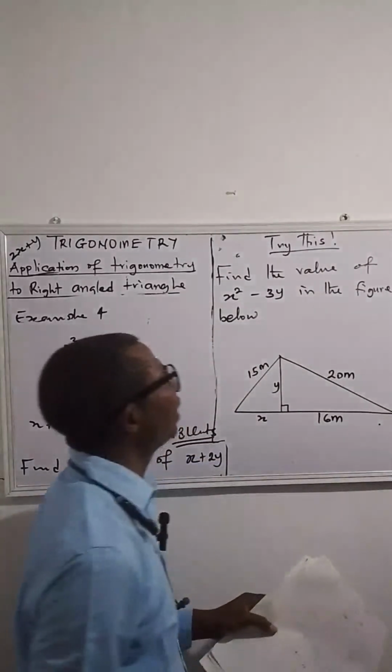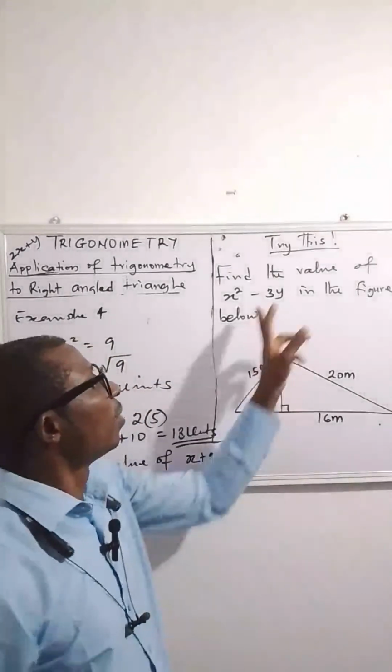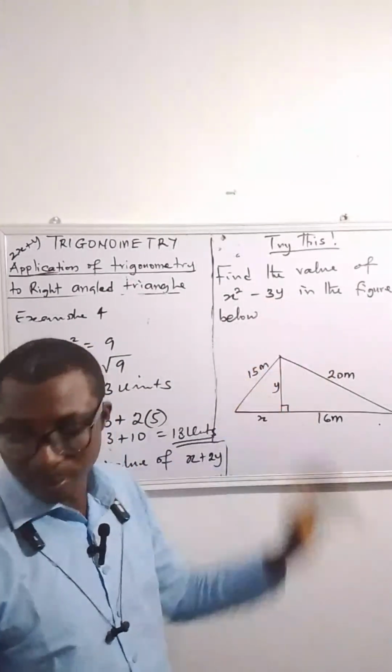Okay, now find the value of x squared minus 3y in the figure below.